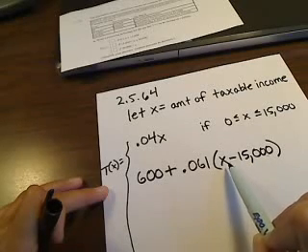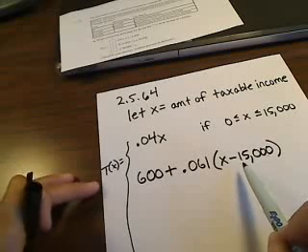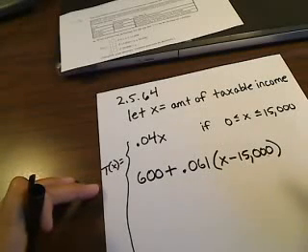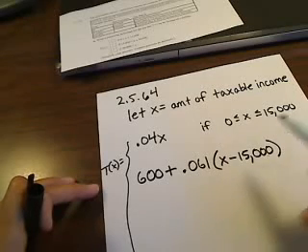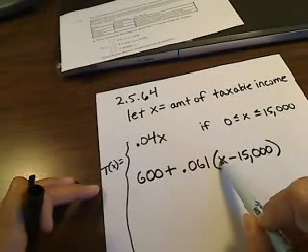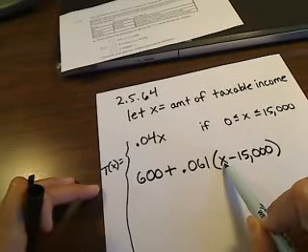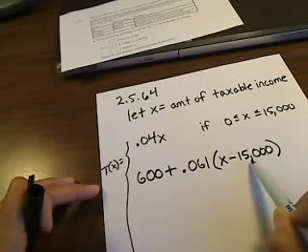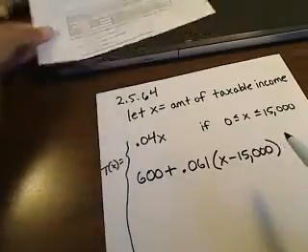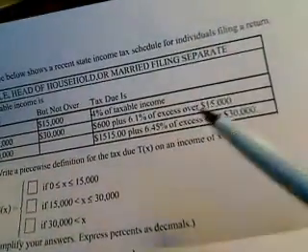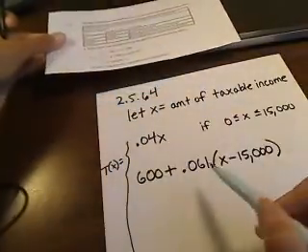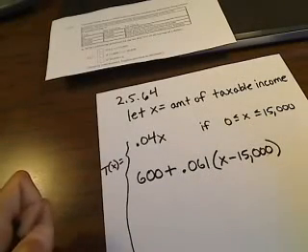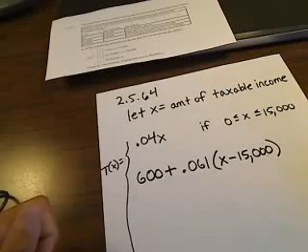If you're over 15,000, let's say you're at 20,000, the amount over 15,000 would be 5,000. The way you find that is you take the amount that you have, represented by x, and subtract off the 15,000, and that gives you the amount that's actually over 15,000. They want the excess over 15,000, and multiplying that by 0.061 represents 6.1% of the amount over 15,000.